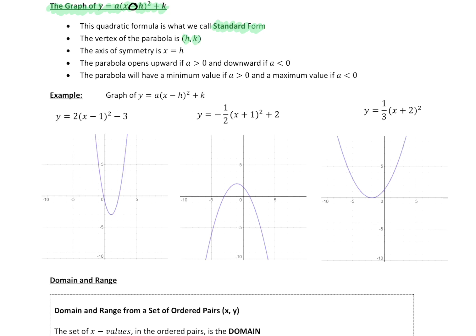It's when there's a negative sign. So if we look at this first example, standard form is x minus. Oh, look at that, x minus. So what's the value of h? Positive 1. What's the value of k? Negative 3. That right there is your vertex. 1 comma negative 3. 1 comma negative 3.